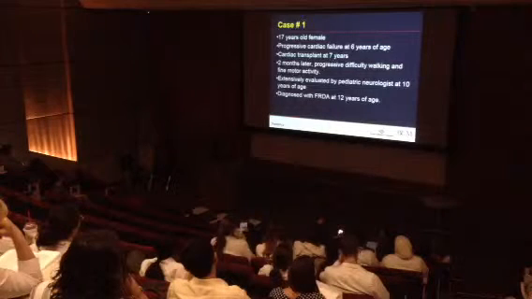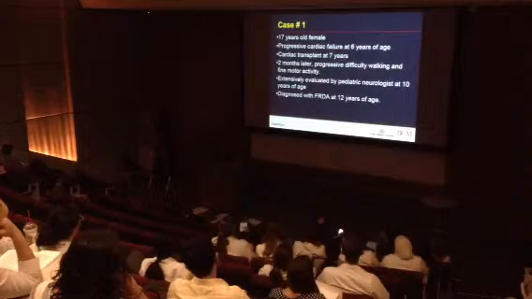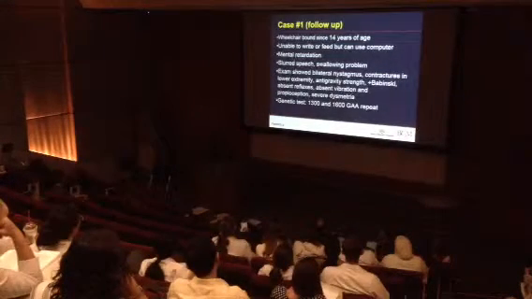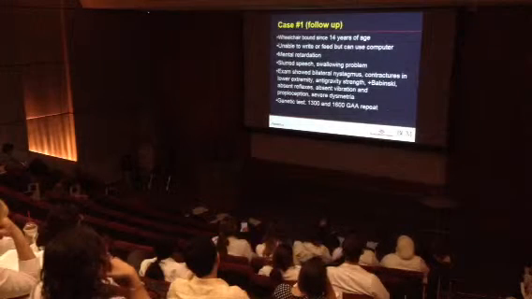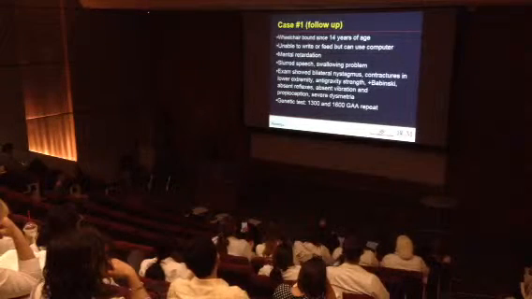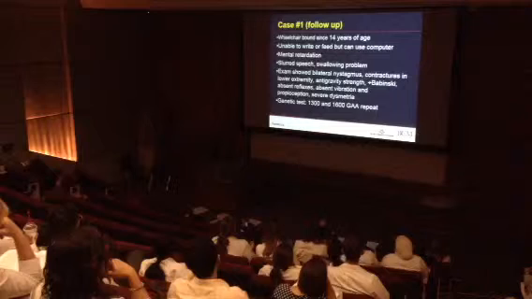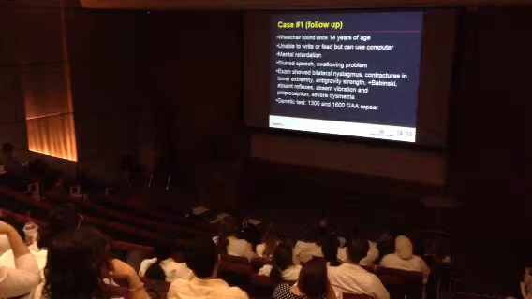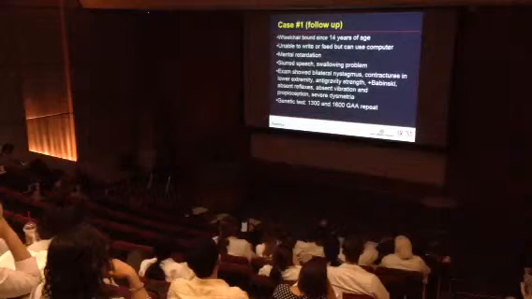She was extensively evaluated at 10 years of age, and then diagnosed with Friedreich's ataxia at 12 years of age. She has been wheelchair bound since 14 years of age. She's unable to write or feed herself but can use a computer. She has some mental retardation, which is unusual in Friedreich's ataxia. She also has slurred speech, dysarthria, and a swallowing problem.